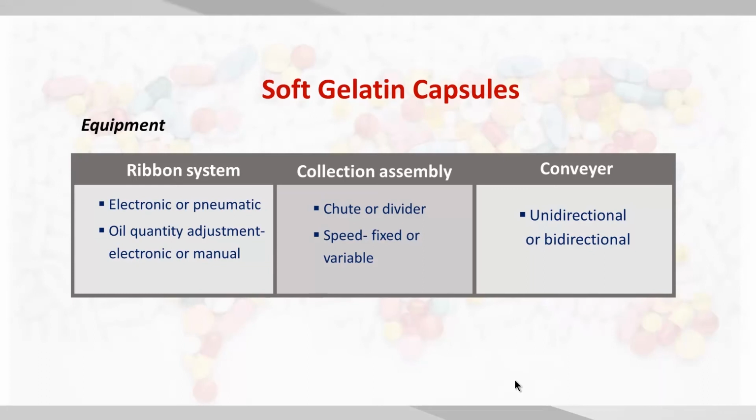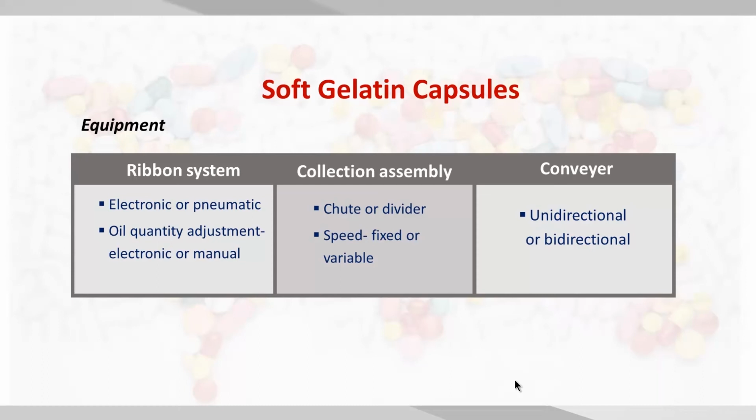The ribbon system could be of electronic or pneumatic type. In that ribbon system, there is an oil quantity adjustment function, which could be of electronic type or a manual type.